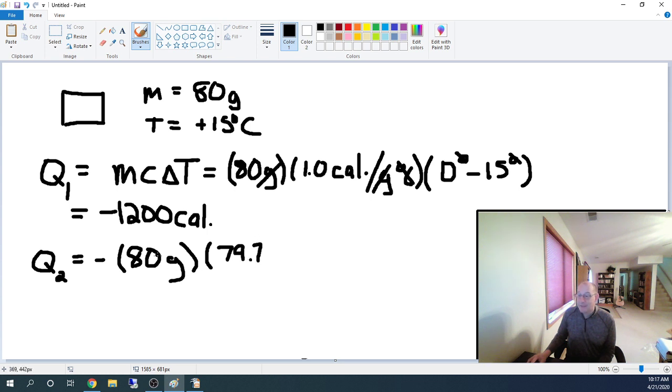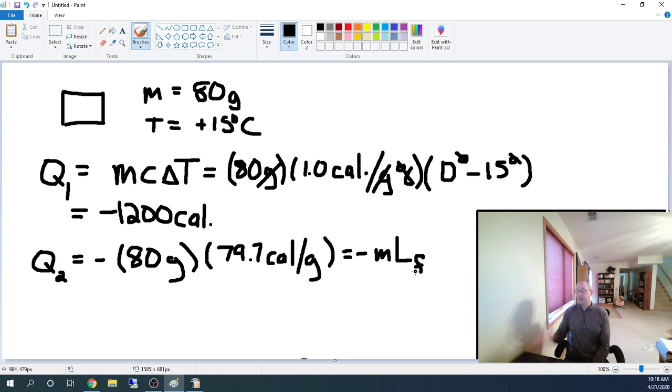So it's the mass times the latent heat of fusion of the water to ice transition. And this is calories per gram of water. So I'll just write down what this is right here. So it's minus M times L sub F. It's the mass times the latent heat of fusion that corresponds to the phase transition between going from water to ice or ice to water.